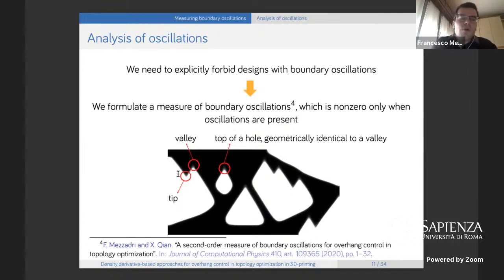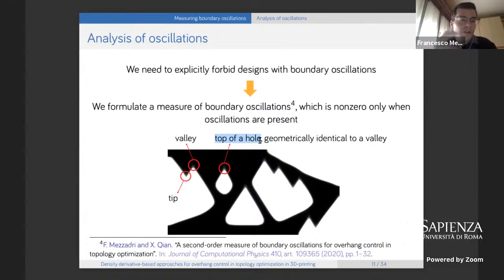In particular, we are going to call tips of a boundary oscillation the parts of the oscillation which are pointing outwards from the design. Instead, we are going to call valleys the parts of the oscillation which point inward into the design, as here. It is also interesting to notice that valleys of boundary oscillations and the top parts of holes are geometrically indistinguishable.